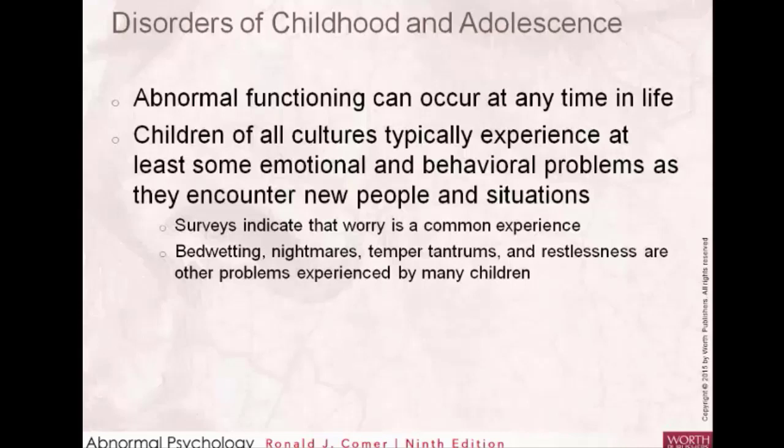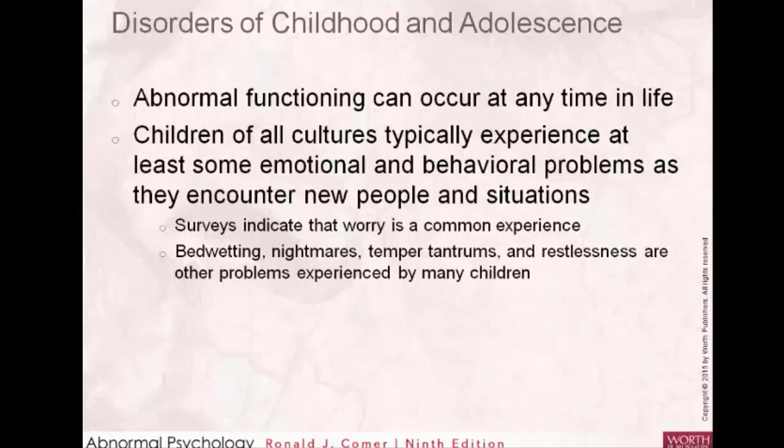We know that abnormal functioning can occur at any time in life. Psychological issues are probably most common during emerging adulthood. For each individual class of disorders, there's a range, and some of them may come up a little earlier, some may come up a little later, but oftentimes psychological problems develop during that 18 to 25 emerging adulthood time period.